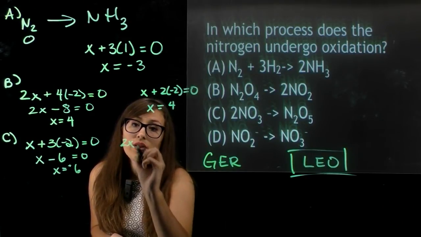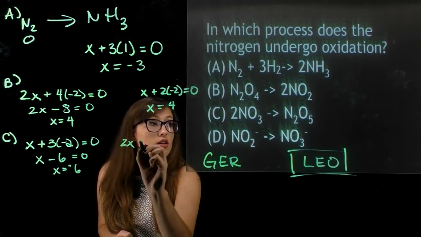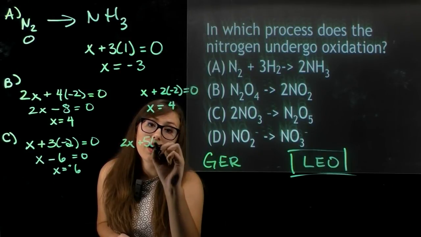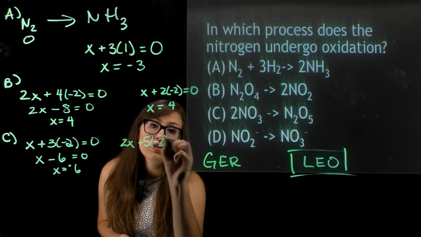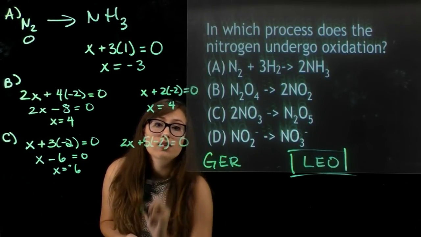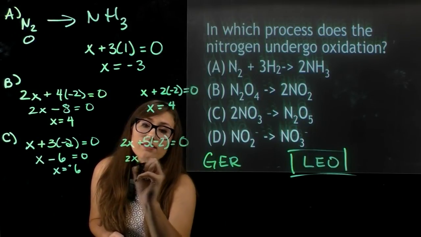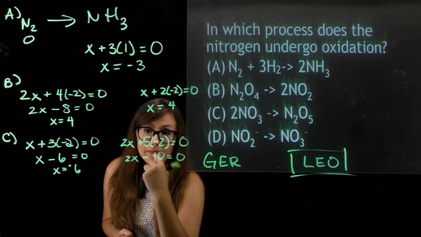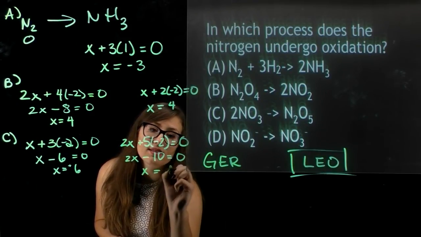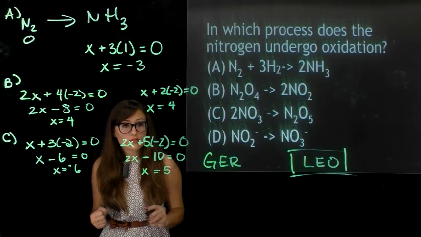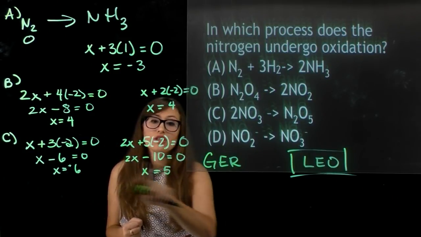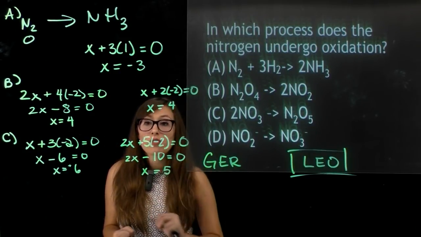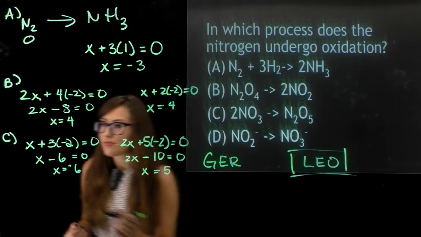So we don't know the oxidation number of nitrogen, plus we know the oxidation number of oxygen, and this is equal to 0. So we have 2x minus 10 is equal to 0, and we end up getting x is equal to 5. So in this case, my nitrogen is becoming more negative, so it's undergoing reduction, not oxidation.